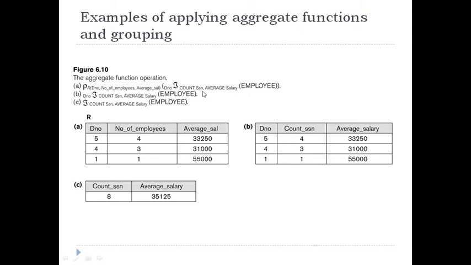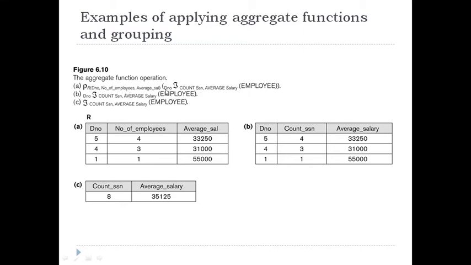I'm renaming the resultant relation as R, and the attributes will be DNO, then number of employees and average salary. Otherwise, it will just display like this, the DNO, then count of SSN, then average salary. To get the proper naming convention, we have to rename it.